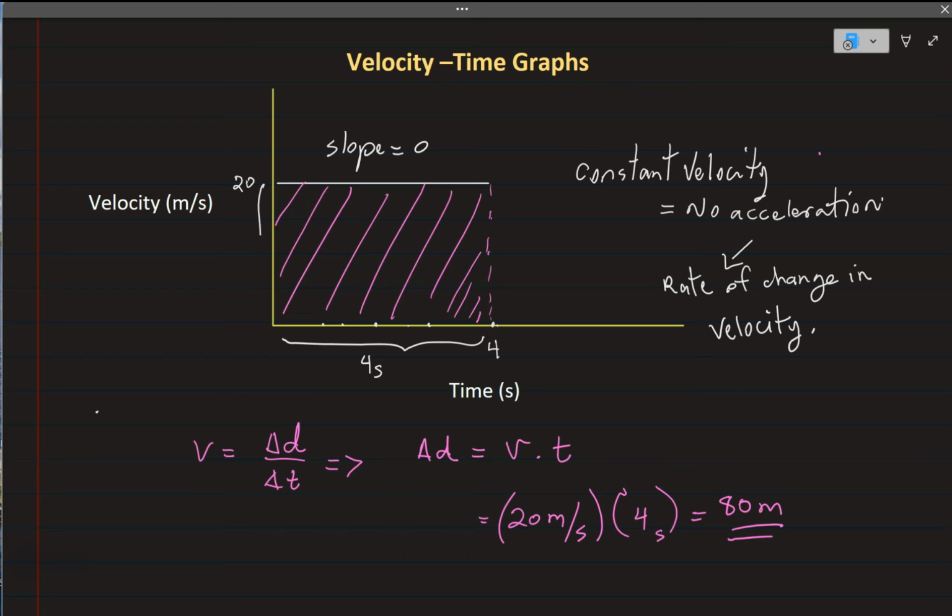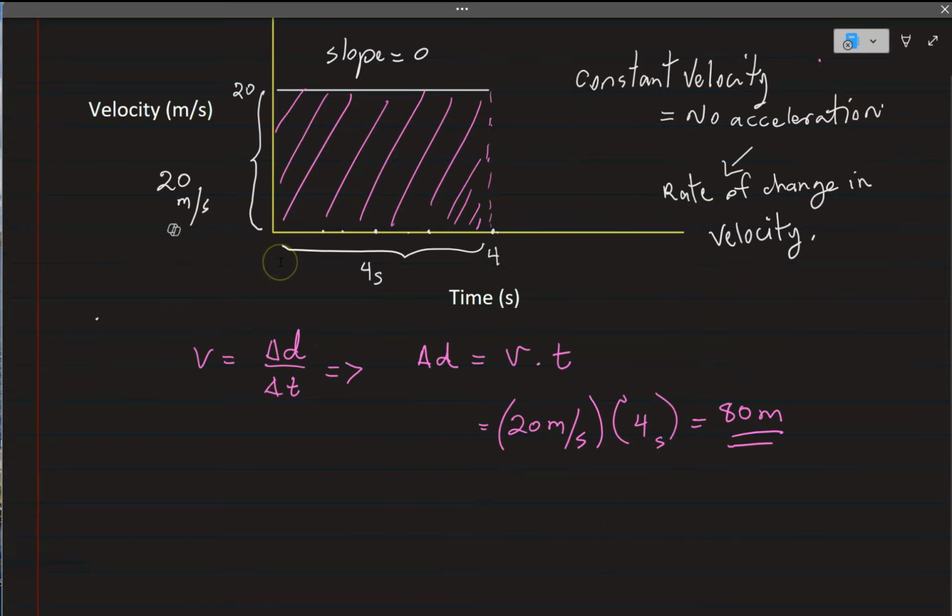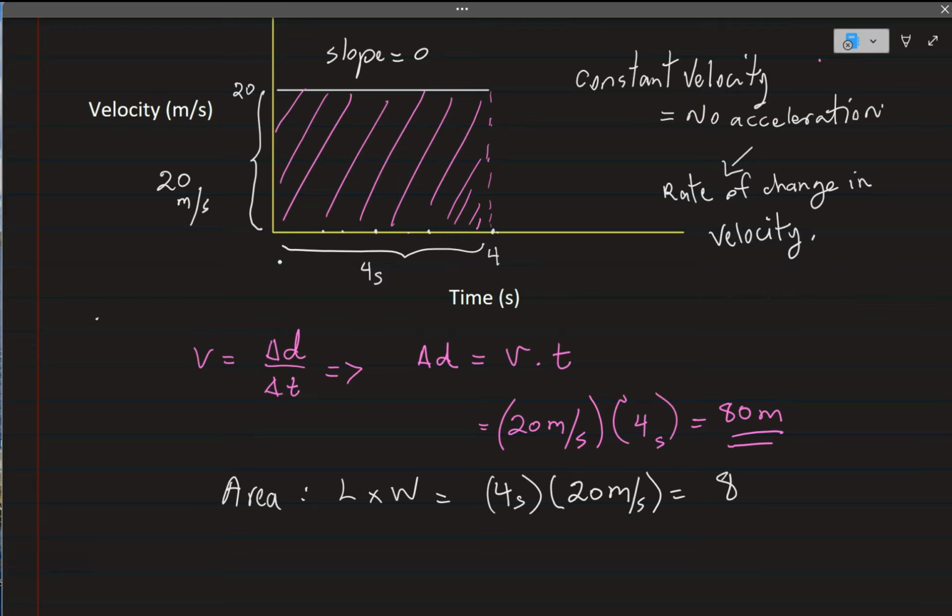So this part right here. Okay. In this case it is 20. How do we calculate the area of a rectangle? Length times width. Okay. So the area is length times width. And in this case, we can say that is 4 seconds, you times it by 20 meters per second. Well, guess what? You get 80 meters.